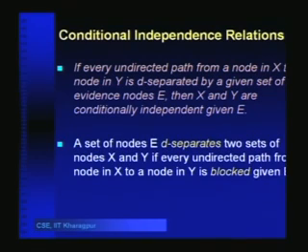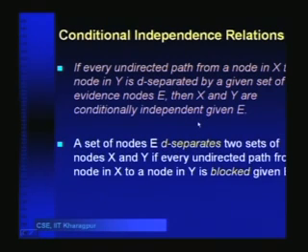So, alarm then becomes an evidence node, because we are given that alarm has gone off, or probability that Mary calls given not alarm, then also alarm is an evidence node, right. So, if we have a set of nodes X and a set of nodes Y, and every undirected path from X to Y is d-separated, we are going to define what we mean by d-separated, by a given set of evidence nodes E, then X and Y are conditionally independent given E.